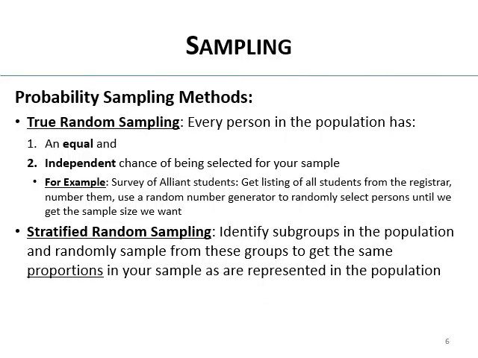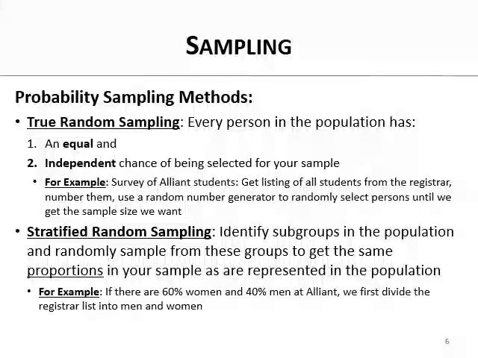Then there's stratified random sampling. This is when you identify subgroups in the population and you randomly sample from these groups to get the same proportions in your sample as there are in the population. So what does that mean? Let's say you know that there's 60% women, 40% men at Alliance. To make sure you get these strata represented 60-40 in your sample, you would divide that registrar list into men and women, and then you would sample 60% women, 40% men.